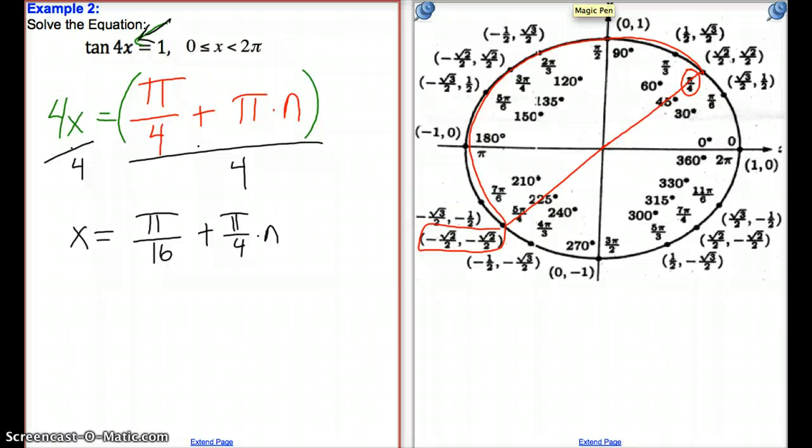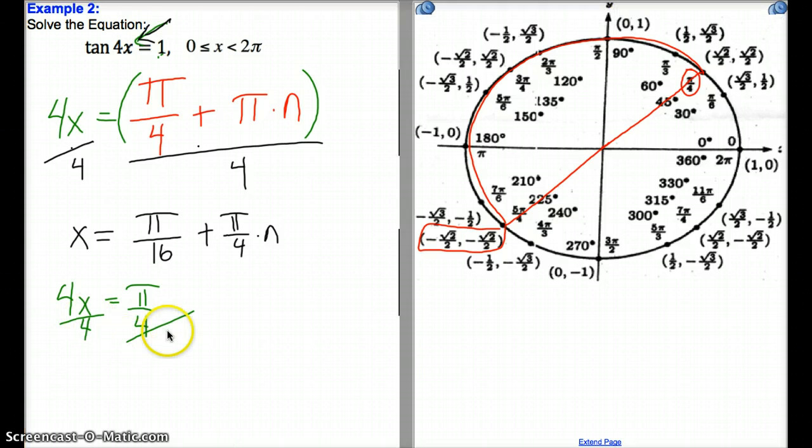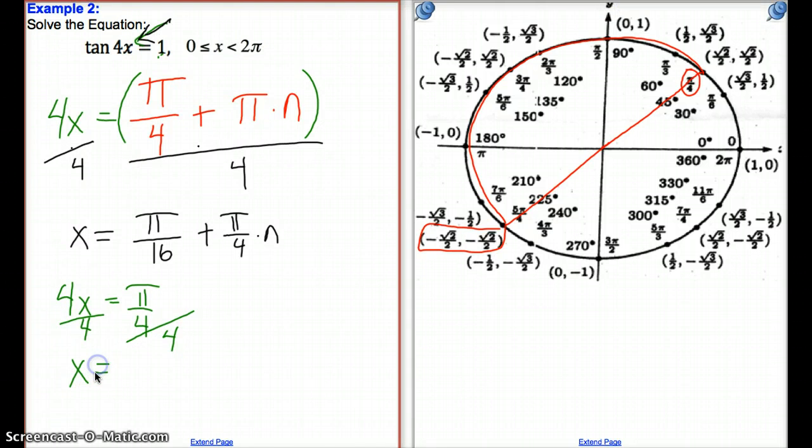So let's say I want to know when is 4x equal to pi over 4, because I know that if 4x is pi over 4, I'm going to get a tangent of 1. So I'm going to divide both sides by 4, and I'm going to get x equals pi over 16. There's one solution. Okay, but now I got to do it again. Now I got to say, okay, well, when will 4x give me 5 pi over 4?